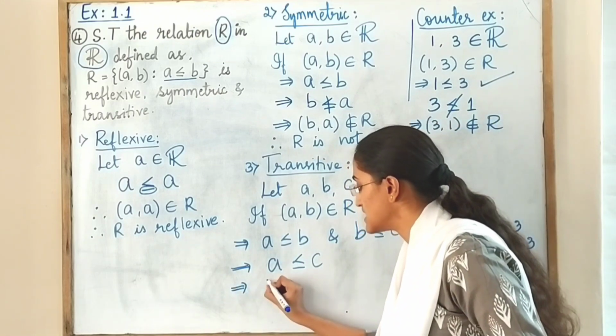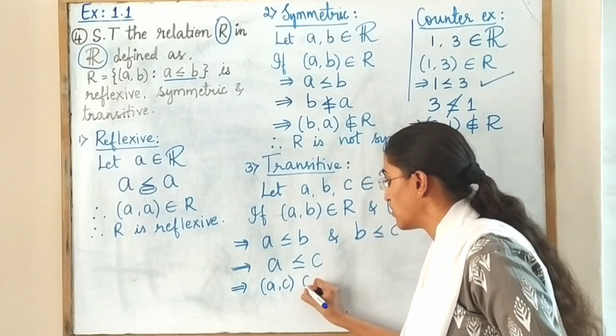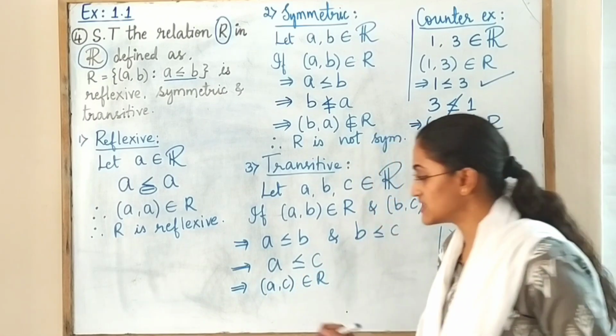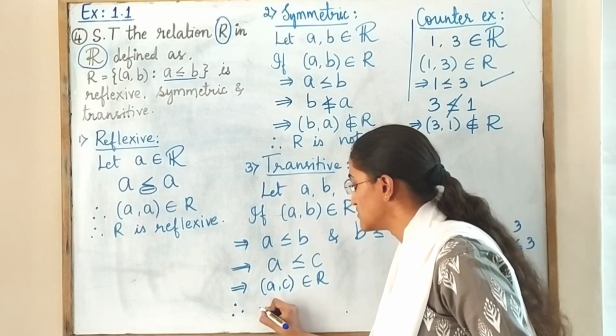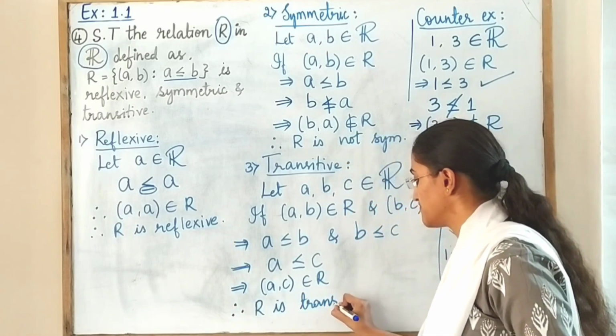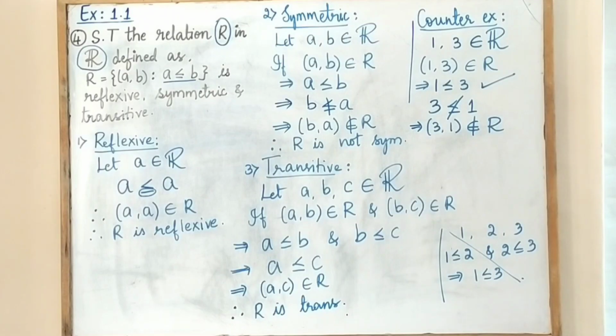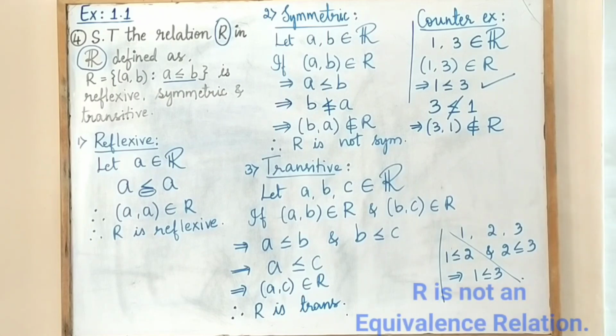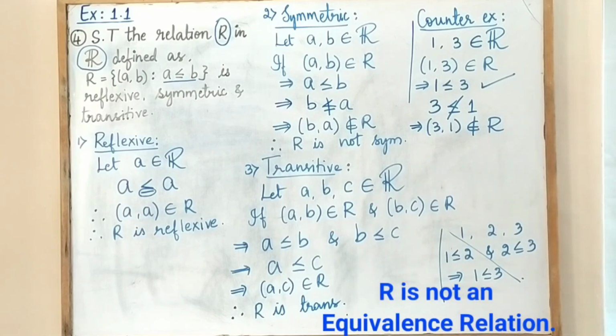Then this implies that A comma C also belongs to the relation R, and hence you can conclude that R is a transitive relation. Note that the relation R is reflexive and transitive but not symmetric, and hence we can conclude that the relation R is not an equivalence relation.